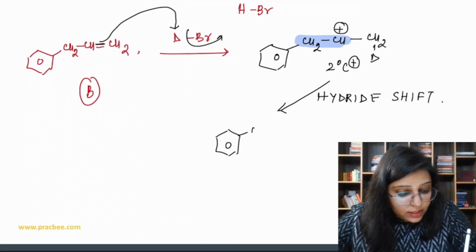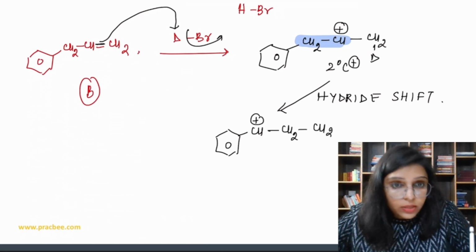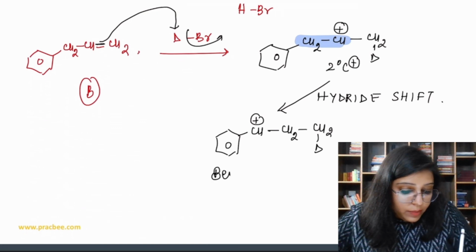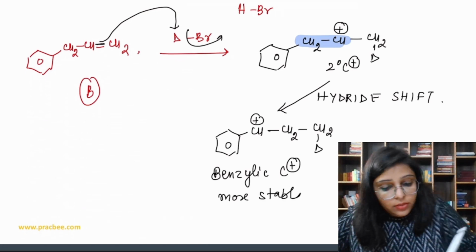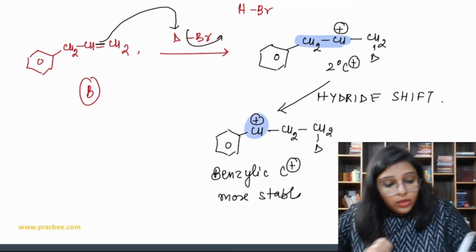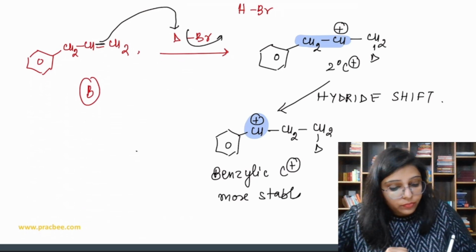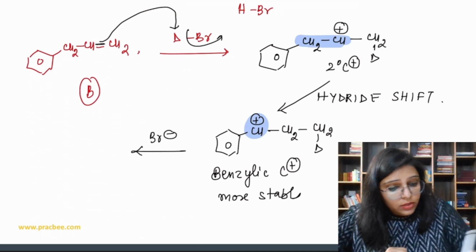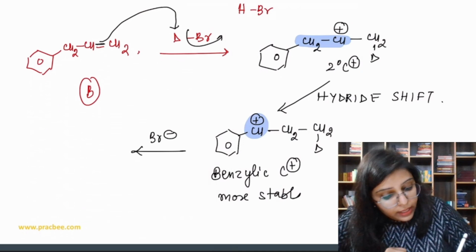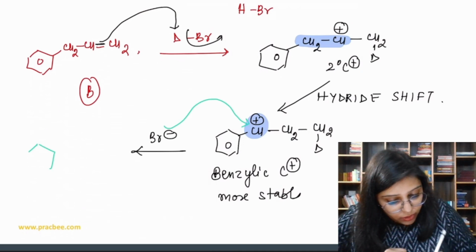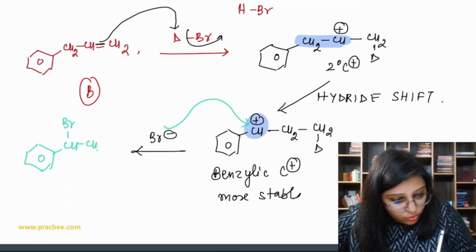So here we write CH positive, CH2, CH2D. Right? This is the benzylic position. Now next we have Br minus. So Br minus attacks on this carbocation to give this product CHBr, CH2, CH2D.